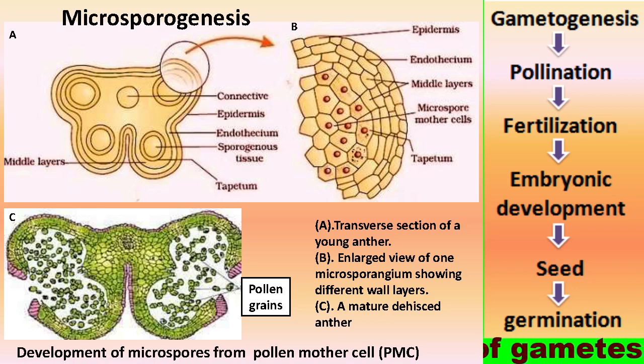That is, the sporogenous tissue is arranged in a group of four cells which is known as a microspore tetrad. Tetrad means four. A group of four cells is known as a microspore tetrad. Now this microspore tetrad is known as pollen mother cell.